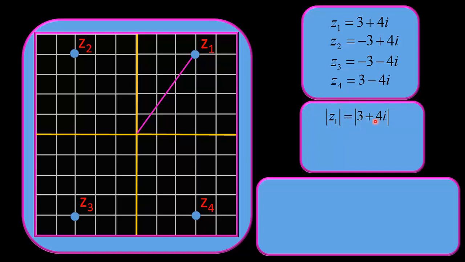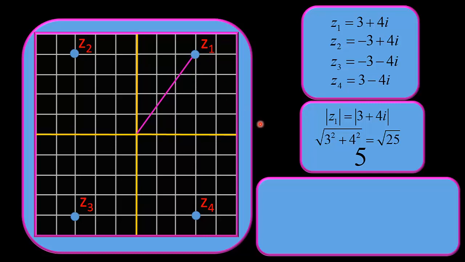We use the same calculation that we used for vectors, where we were calculating the magnitude. We take the 3 squared plus the 4 squared. We get 25. So this distance here is 5. That's the modulus, the absolute value of this, 5. It's always the distance from the origin up to the point.